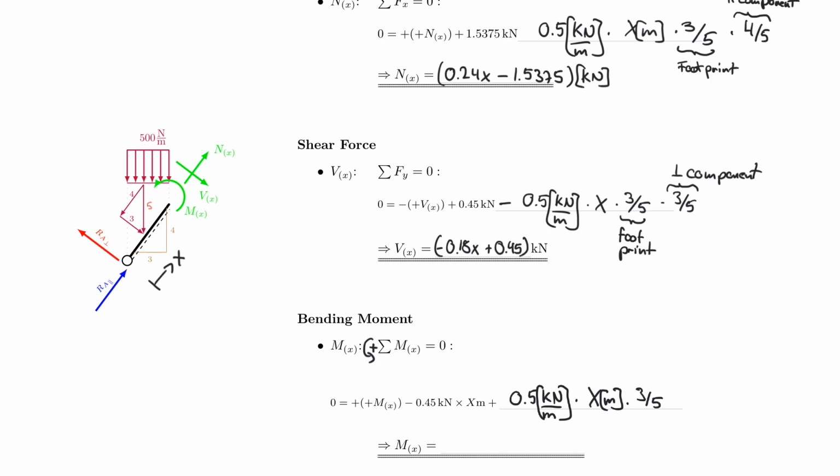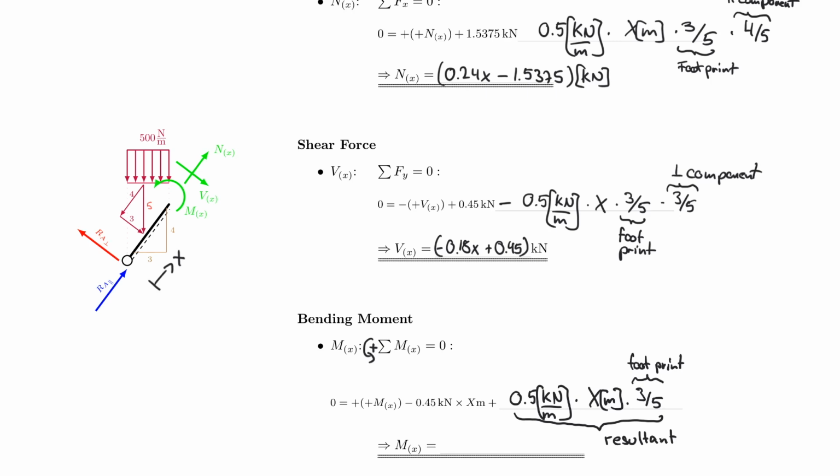We also need to have this, which is the footprint. And so this entire thing here actually happens to be the resultant force. So that's the resultant force in terms of x.